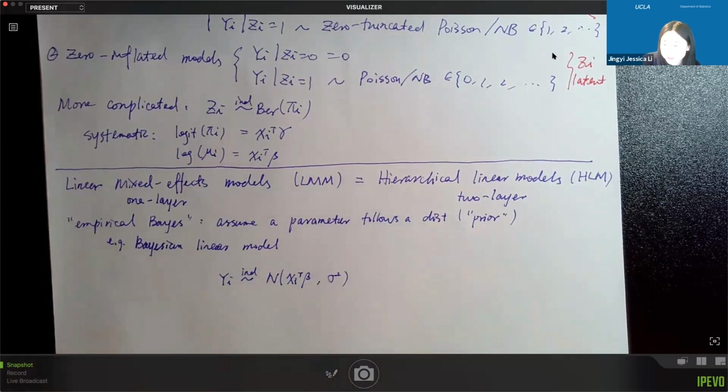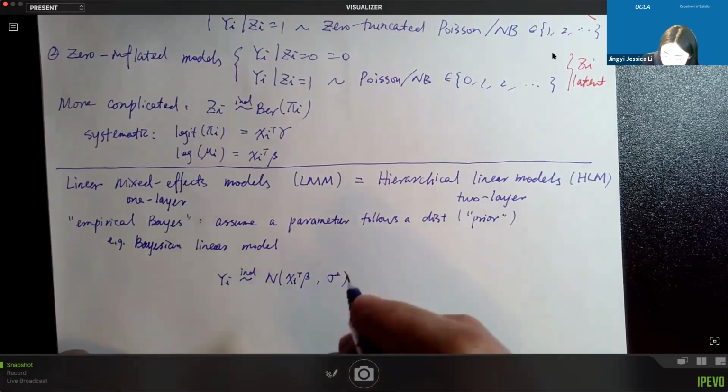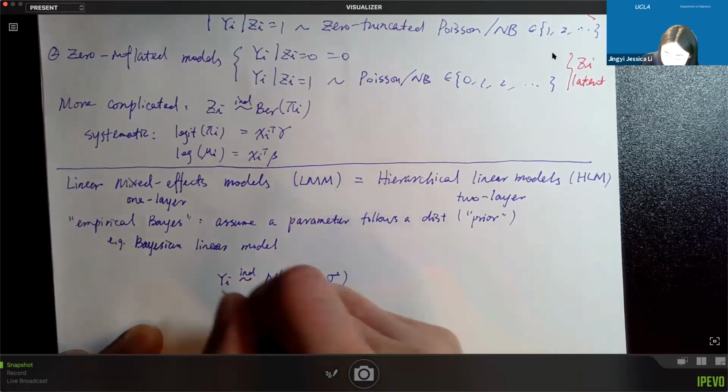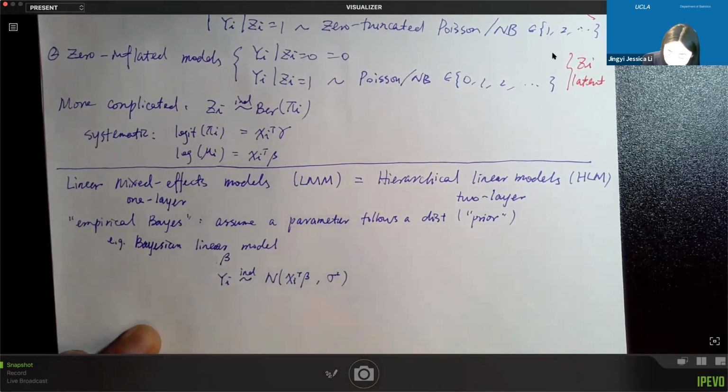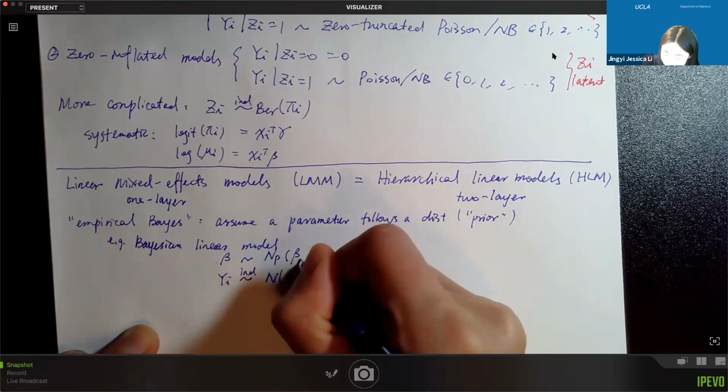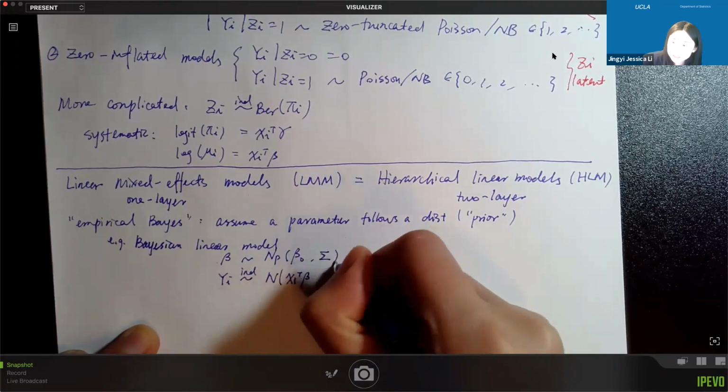But we were frequentist, so beta was unknown but fixed, so we want to estimate it. Under the Bayesian linear model, you will assume this beta, which is p-dimensional, itself would follow a p-dimensional normal distribution. So this is a multivariate normal distribution with its own mean beta 0 and covariance matrix sigma.